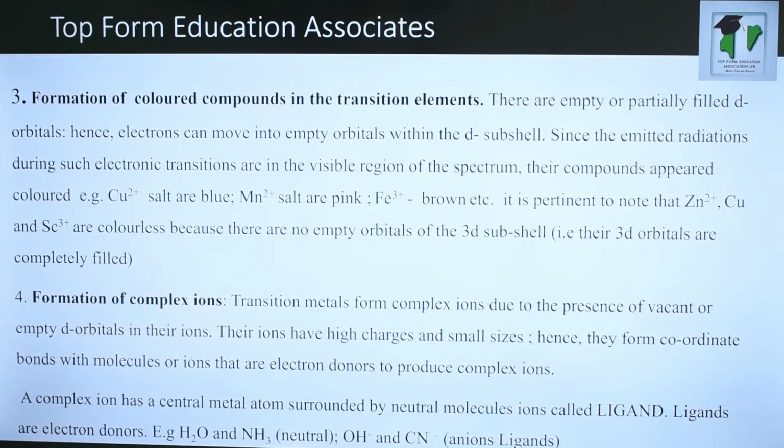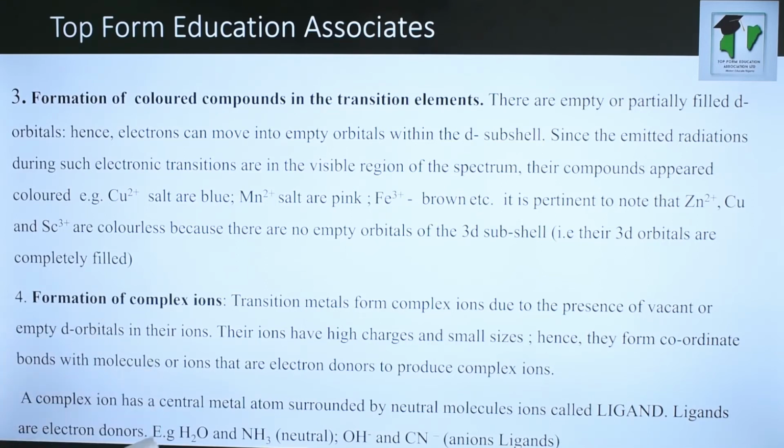The fourth characteristic property is formation of complex ions. Transition metals form complex ions due to the presence of vacant or empty d orbitals in their ions.